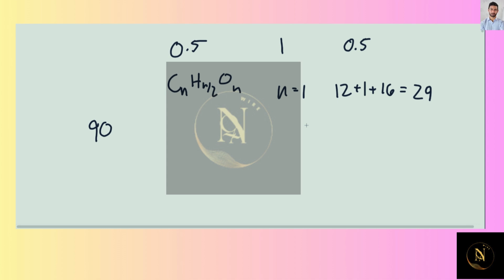Roughly. Right, so n probably equals 3. The point is, it would take 3 of those to take up 90. Roughly.